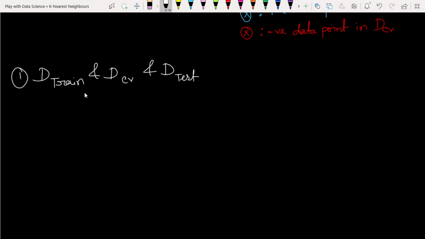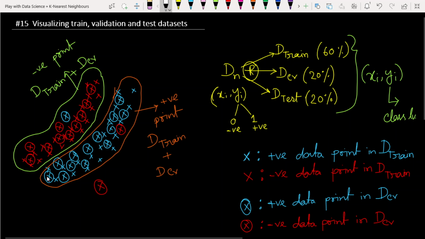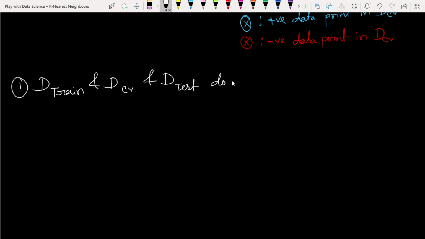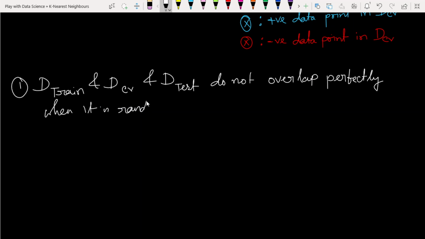If we consider the whole data sets, D train, D cross validation and D test, then we will see that the negative regions and positive regions do not overlap perfectly for each data partition. They do not overlap perfectly when it is randomly sampled.